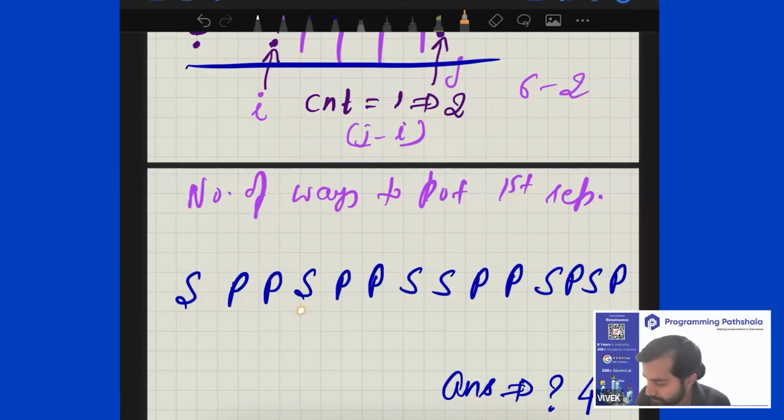This was your second seat, and after this was your next seat. So you could have put your first separator either here or here or here. So for putting the first separator, there are 3 ways, right?